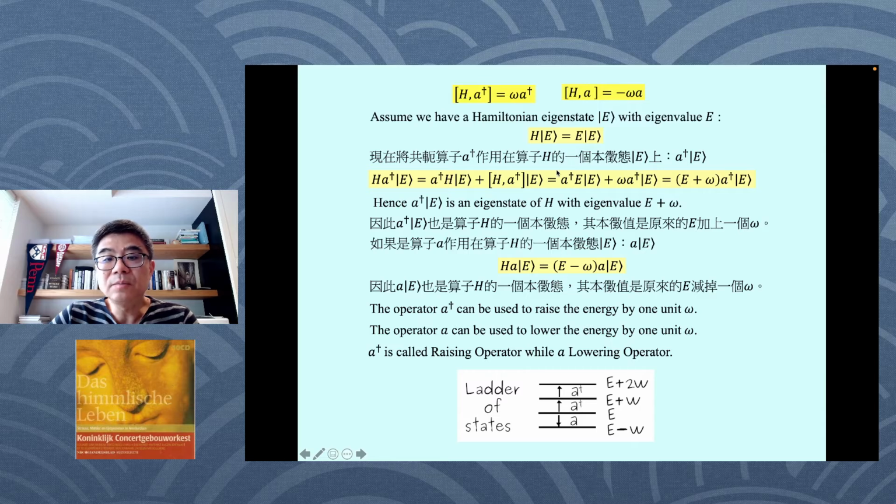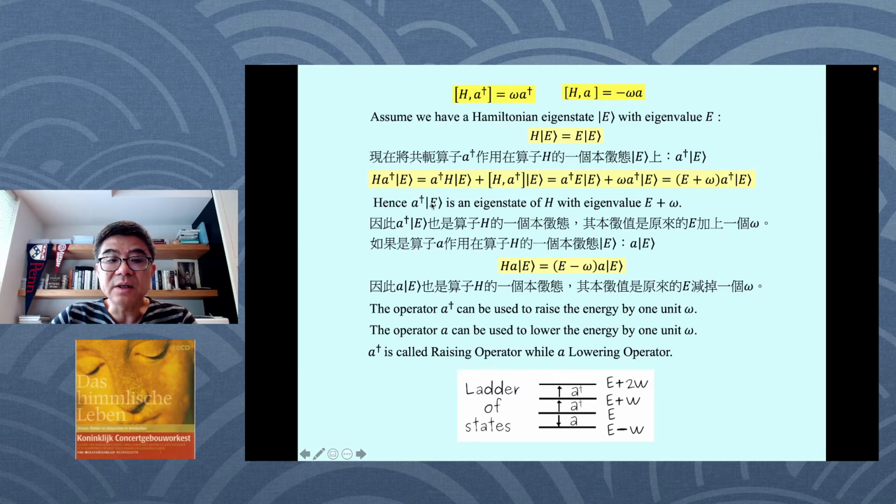Therefore, putting the two results together, it is equal to E plus omega. Remember, the expression in parentheses is a number, and then this number times A dagger E. So putting the equation together, H acting on this state is equal to E plus omega acting on this state.